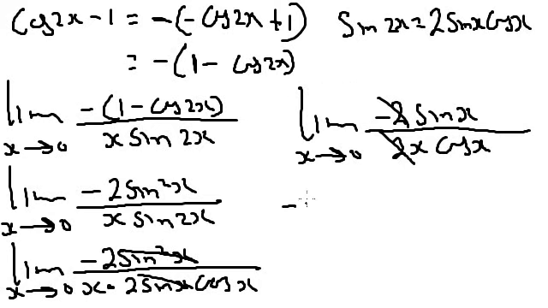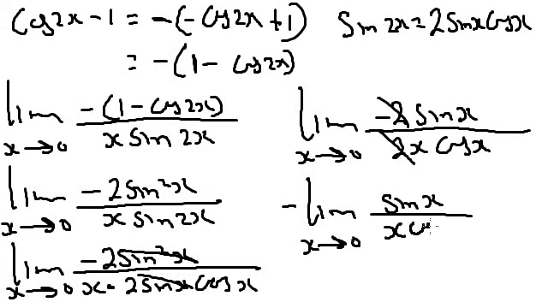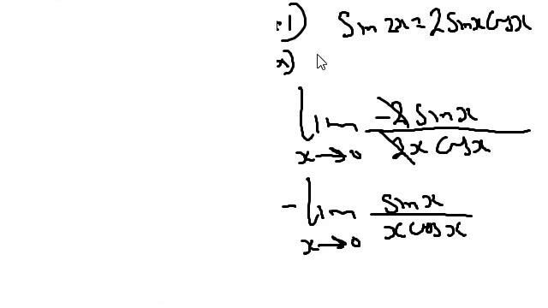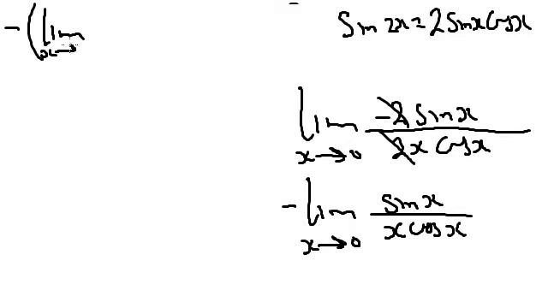The minus can come to the front. Then we have minus the limit as x approaches 0 of sin x over x cos x. So let's break the limits to keep things straightforward. Now we have negative the limit as x approaches 0.